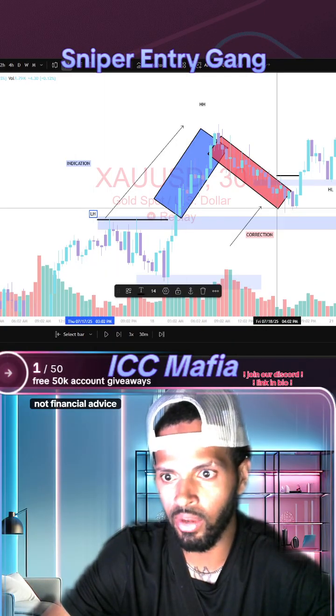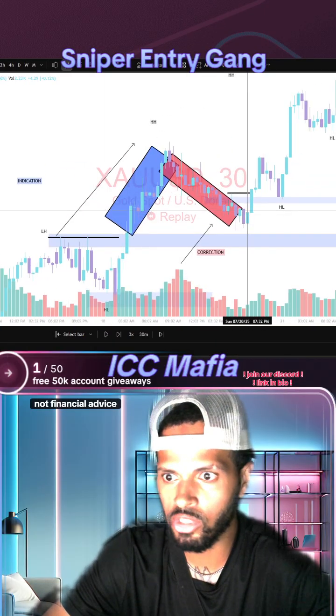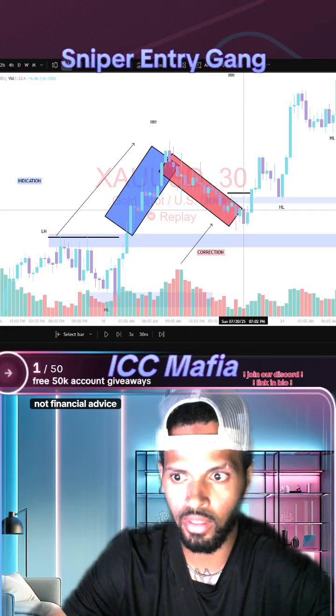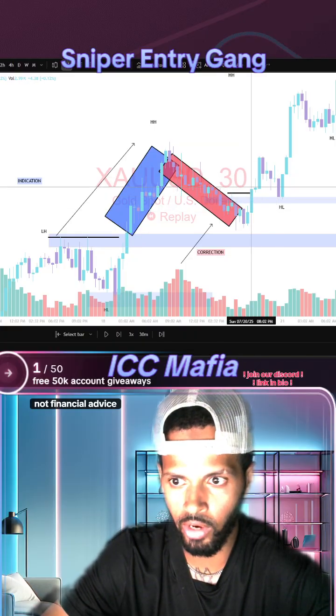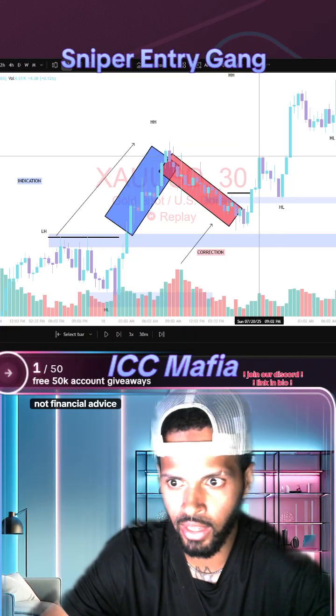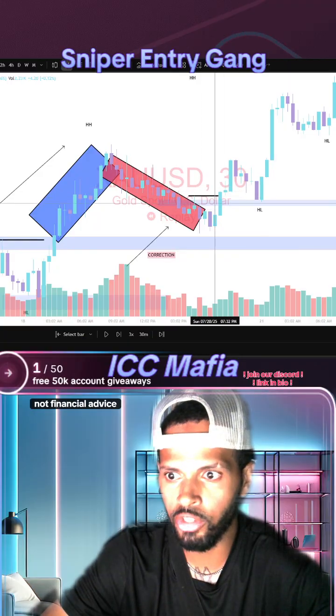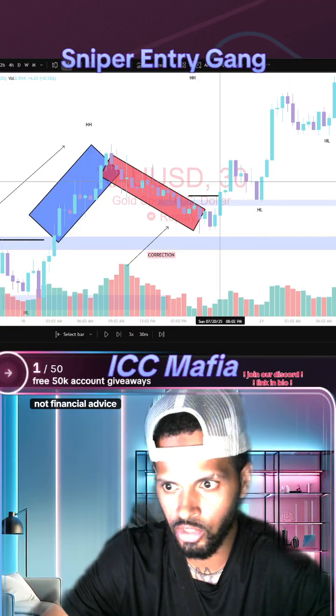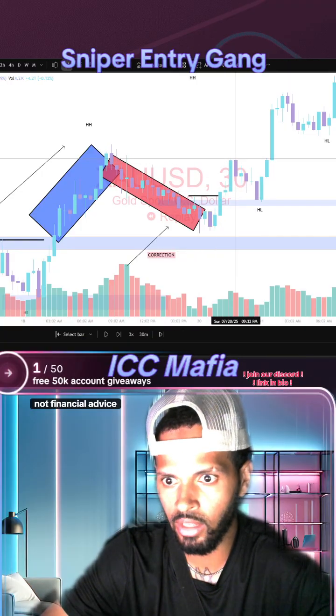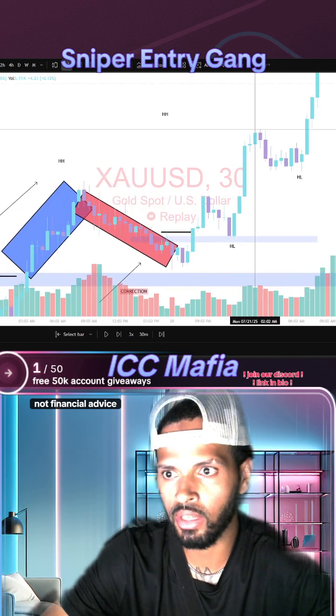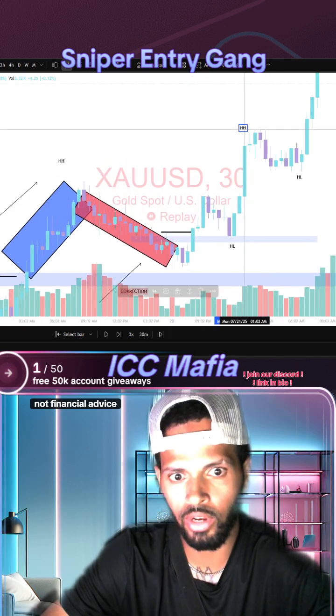It held. So once price starts to become bullish, that is when we hop in the trade. We have our high, we have a new higher high. So again, it literally just starts all over again. This is my indication because we get a new higher high, our correction, and then we take the continuation, making a new higher high.